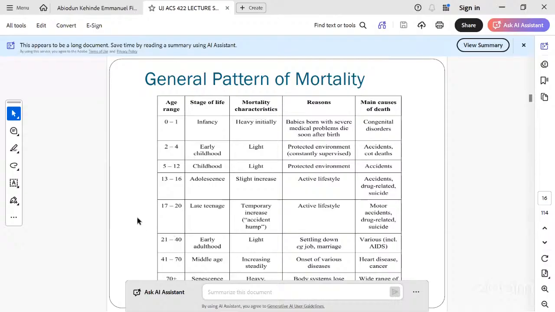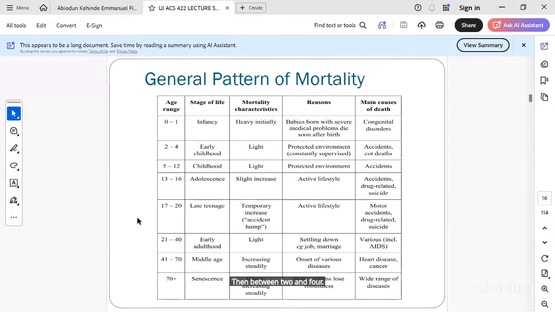Then between 2 and 4, the early childhood stage, the mortality will reduce, as compared to 0 to 1.